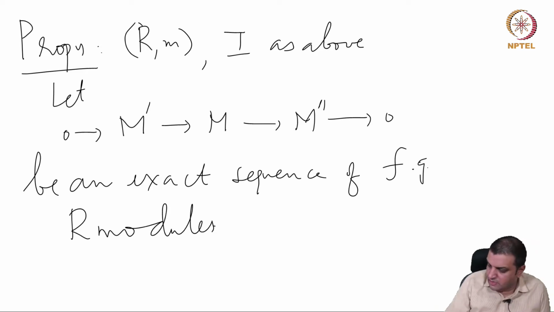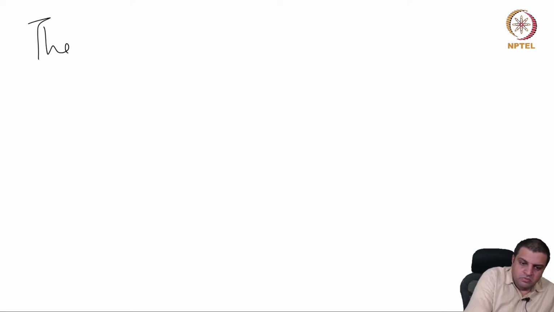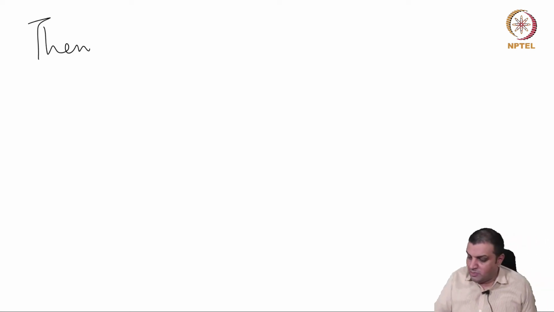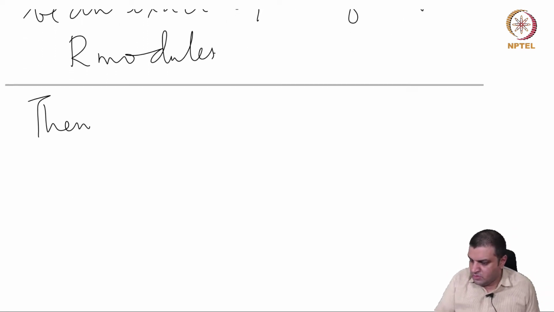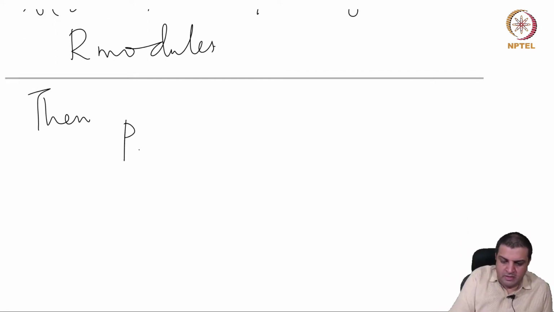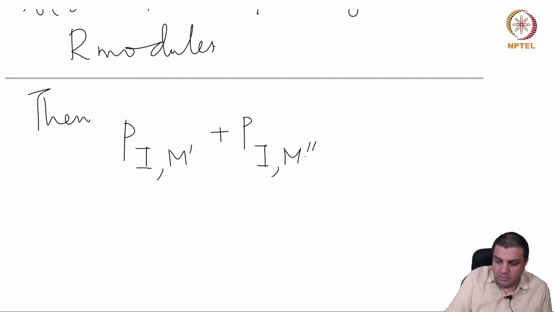Then we have three polynomials, the Hilbert-Samuel polynomial for each one of them. P_I(M) is equal to P_I(M prime) plus P_I(M double prime) plus something.